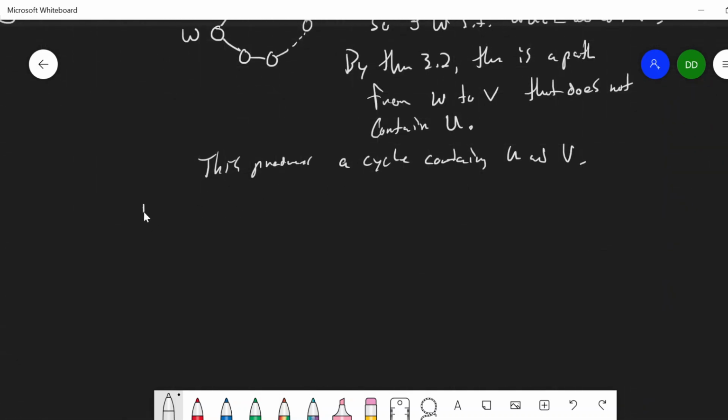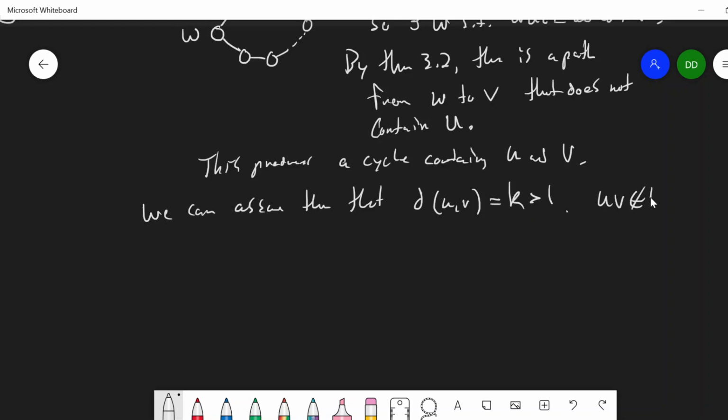So we can assume then that the distance from U to V is equal to some k, which is greater than 1. In particular, UV is not an edge. So I'm going to find a UV geodesic, a path between U and V of shortest length. So let P be a UV geodesic.